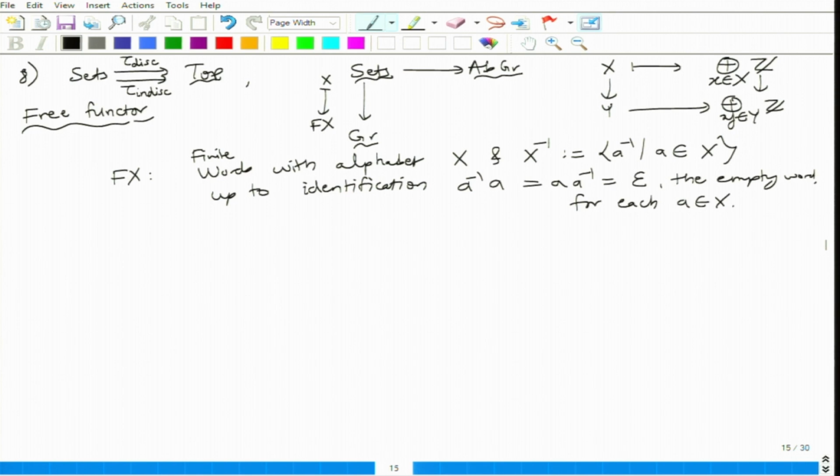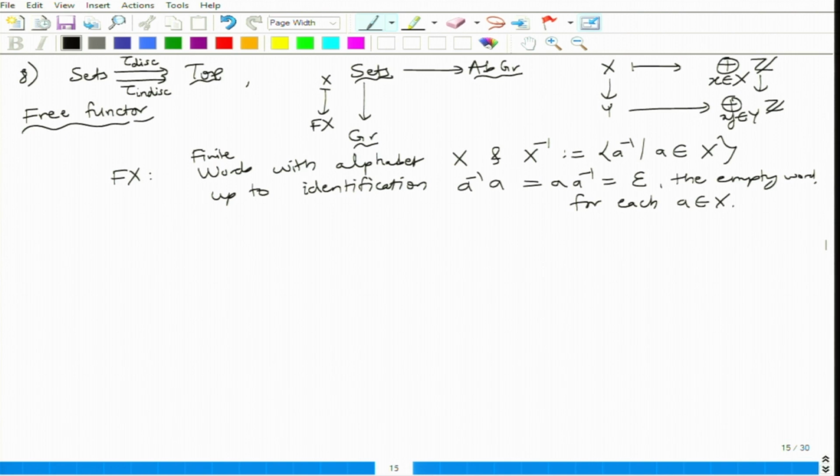And similarly for free groups also. What do you do in the case of free groups? You take those words, and on each entry in that word you apply F. You apply F to each element of the alphabet, and if it is of the form A inverse, then you take F of A whole inverse, which is another symbol.